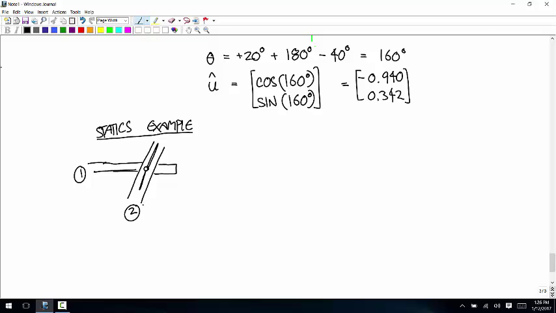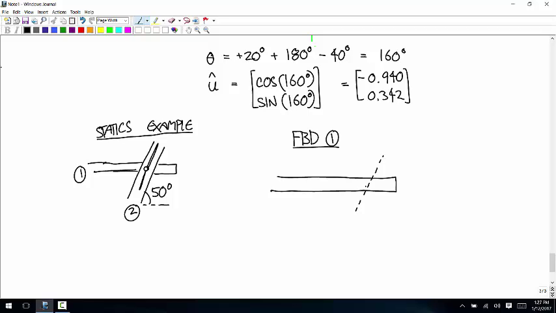Let me give this angle too. Let's say this is 50 degrees. If I draw a free body diagram of member 1, we know that the force applied to member 1 by member 2 is perpendicular to this.